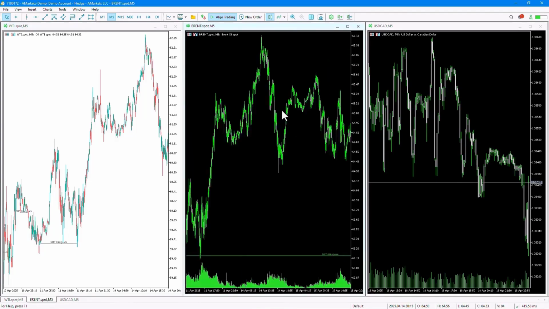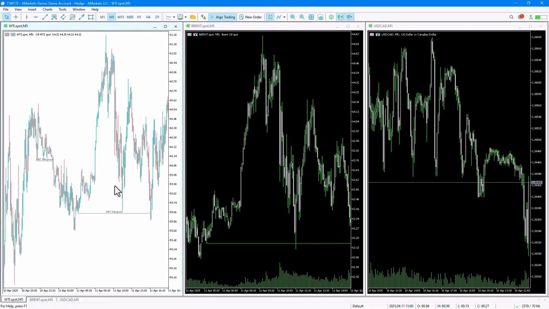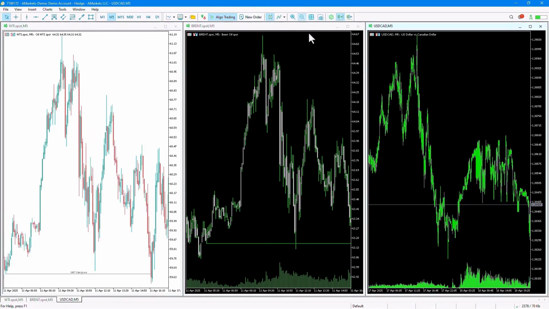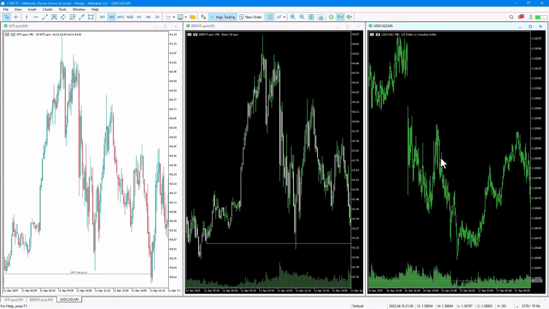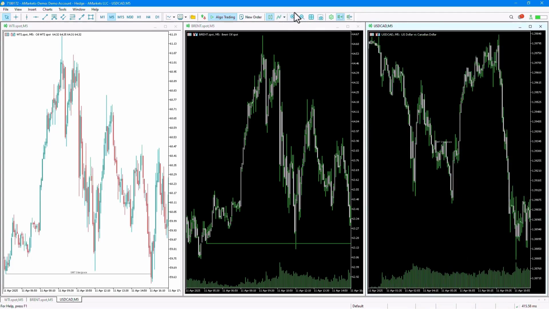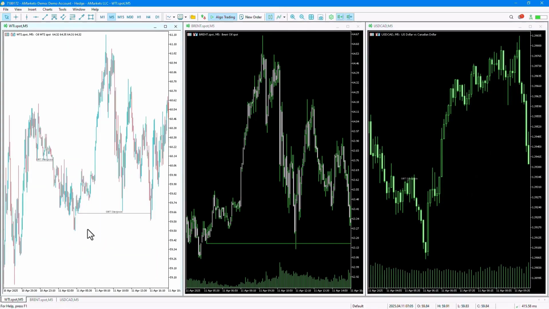In this section, in my first symbol, WTI, the price has taken an upward trend and then experienced a price correction in this section, successfully breaking the price floor in this part, and then moved upwards again.